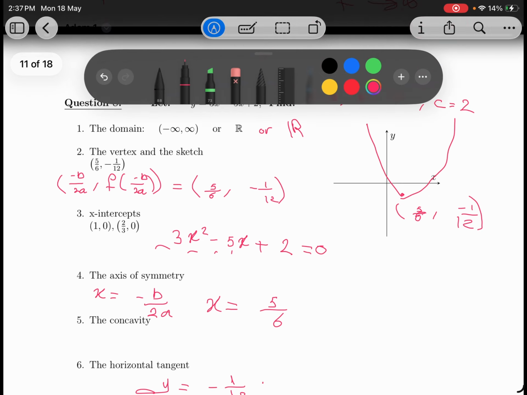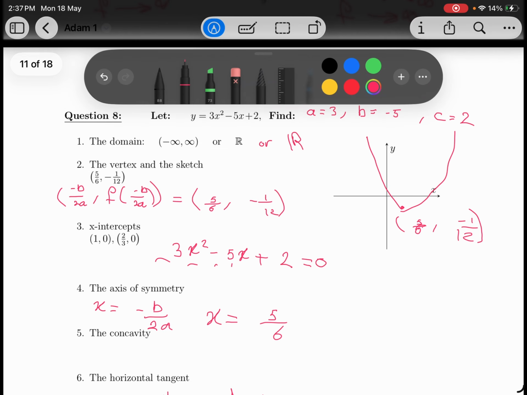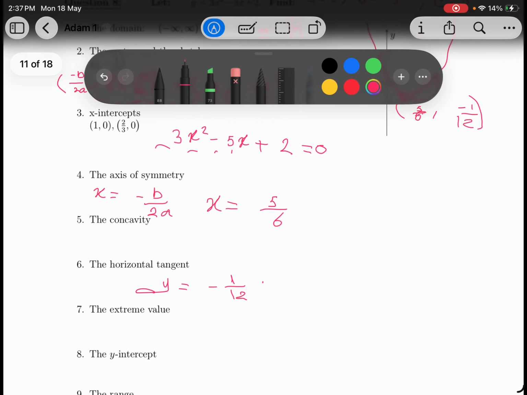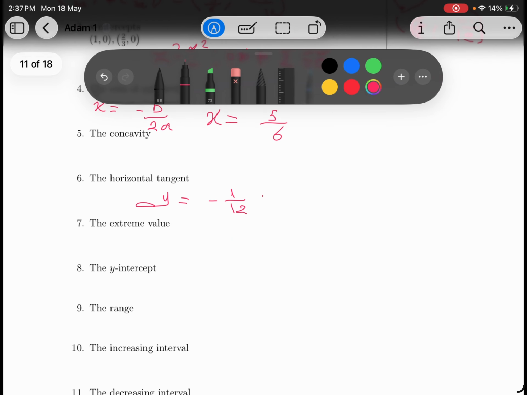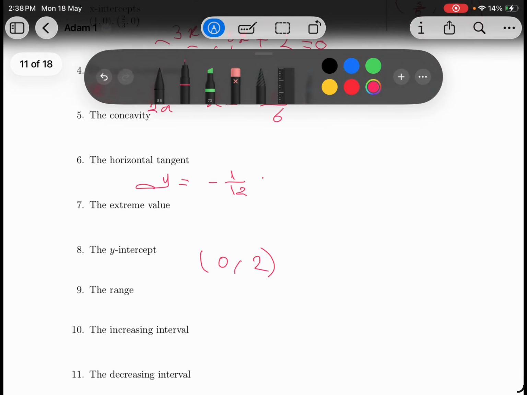This is the only horizontal tangent for this function. The y-intercept is (0, c), and in this case it will be (0, 2), because c is 2.